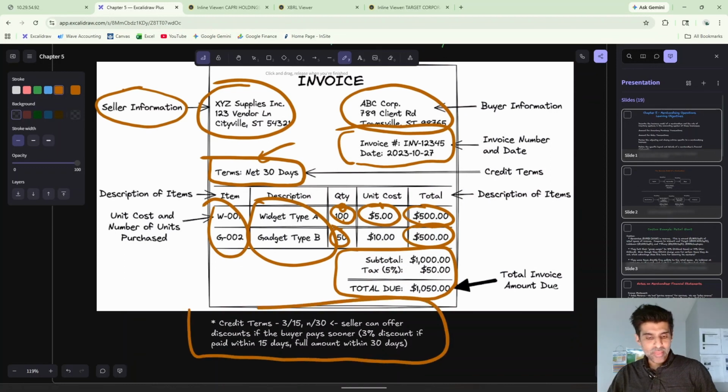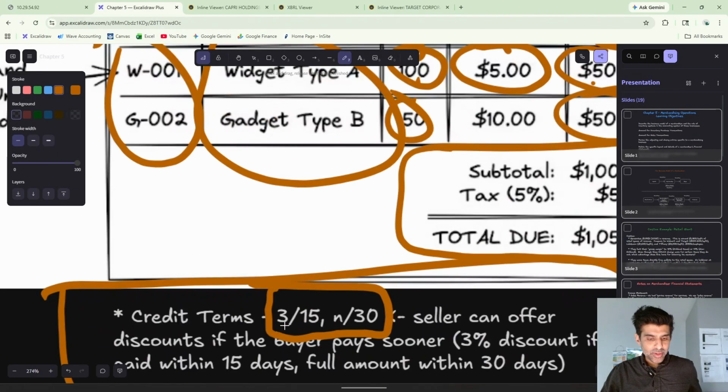So the way this works, this is a typical credit term, the short form of it. Let me zoom in here. 3-15, N30. So what does this mean? It means the vendor is saying, if you pay me within 15 days, I will give you a 3% discount.